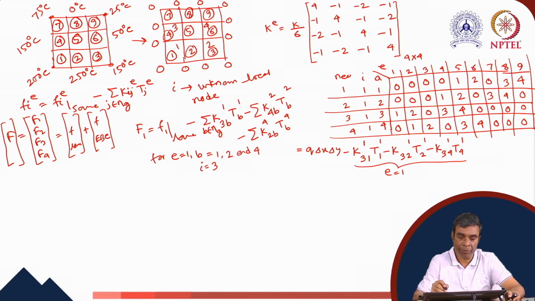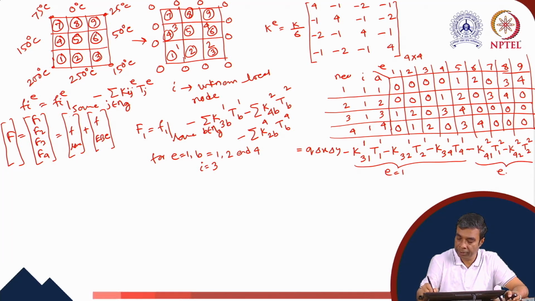Now we have the contribution from the second element. For this case, we have the equation written at local node 4. So I equals 4, minus K_412 T_12 minus K_422 T_22. This is contributed by E equals 2, and the final contribution comes from E equals 4.